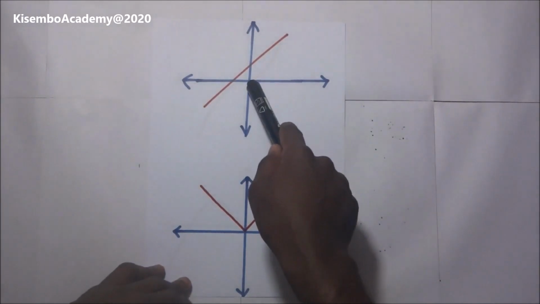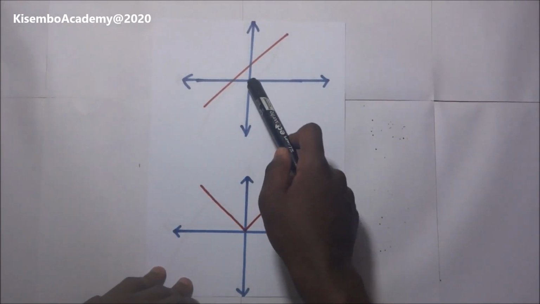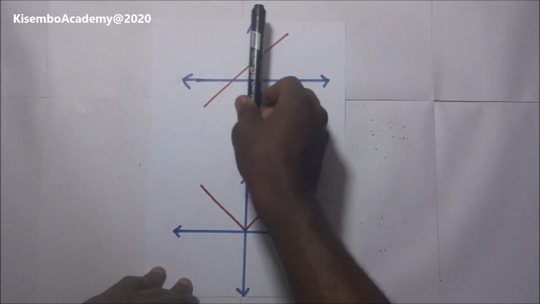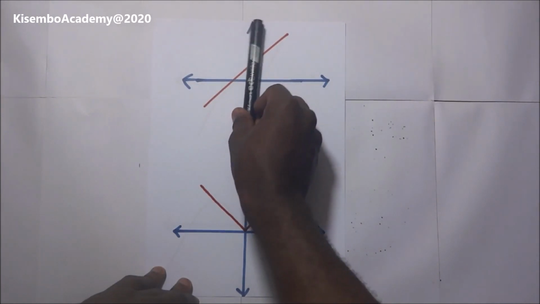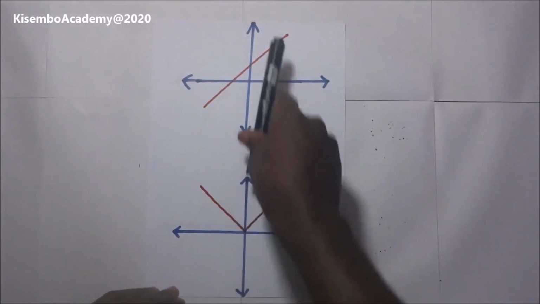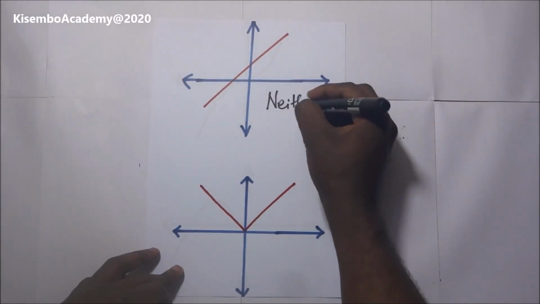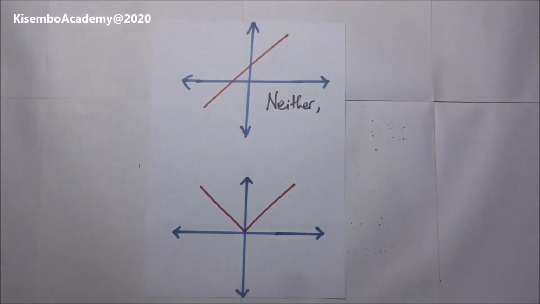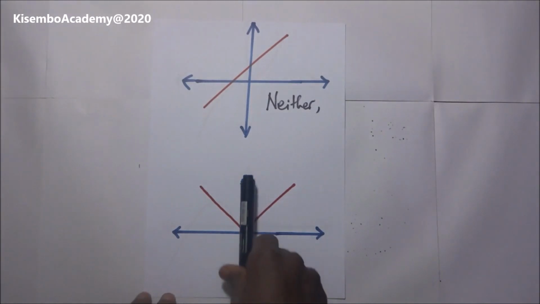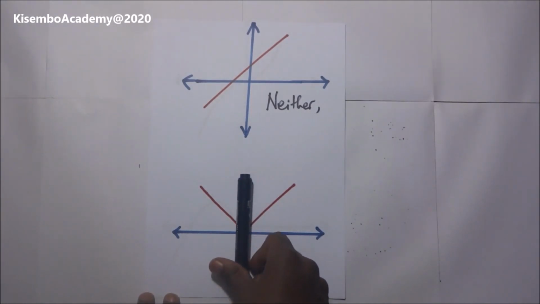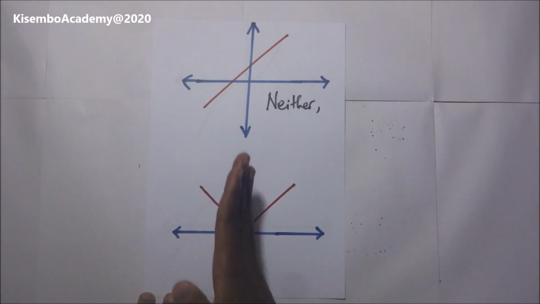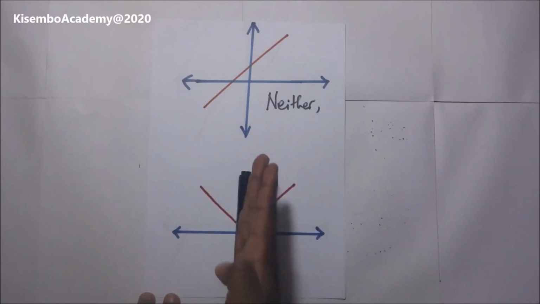If you look at this one, it's not having a rotational symmetry about the origin, and it is not having a symmetry about the y-axis. So this one is neither odd nor even. Then looking at this function, it is symmetrical about the y-axis. In other words, it's more like a mirror. This is reflected in that direction.